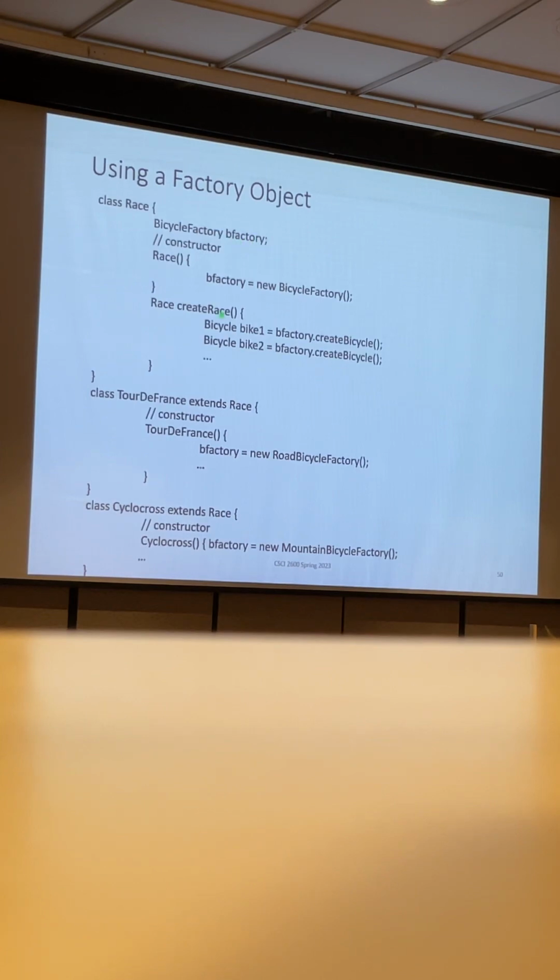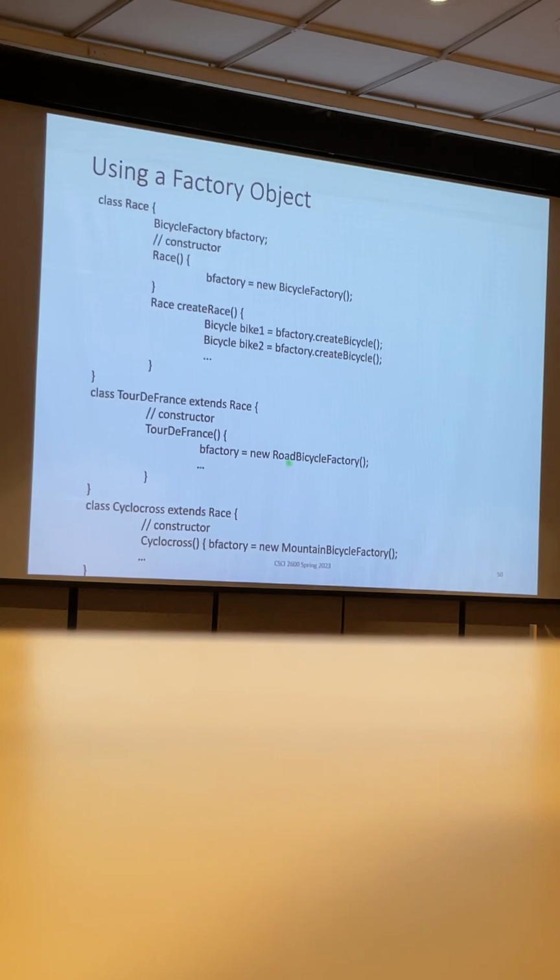Okay, so we just need to make sure that the constructor of each specific type of race creates the proper factory, because it is the type of the factory that will be determining which type of bicycles this factory is going to be producing. So if we here write our own bicycle factory, it means that this B factory will be producing road bicycles when we call create bicycle.